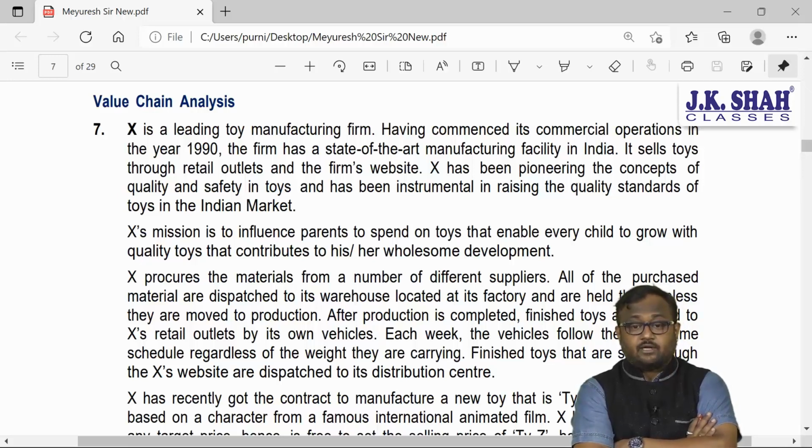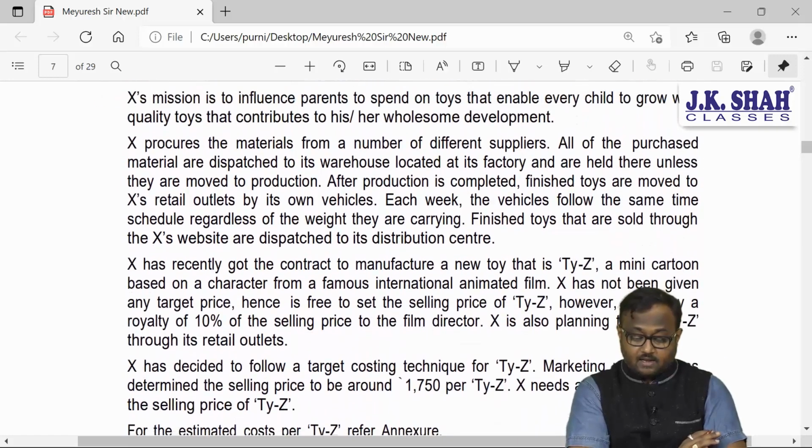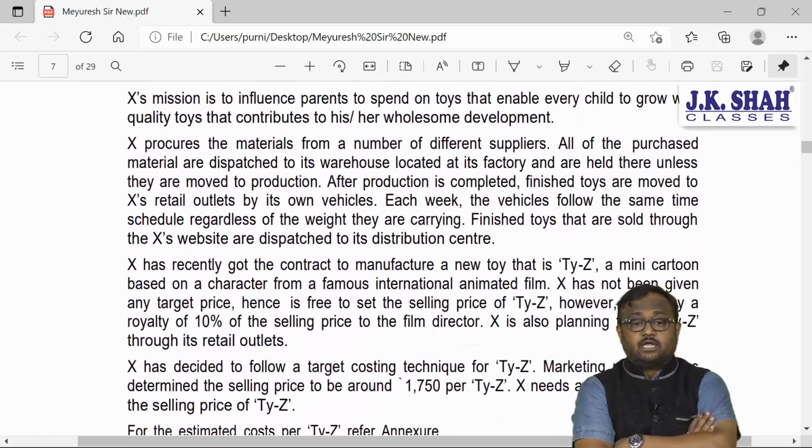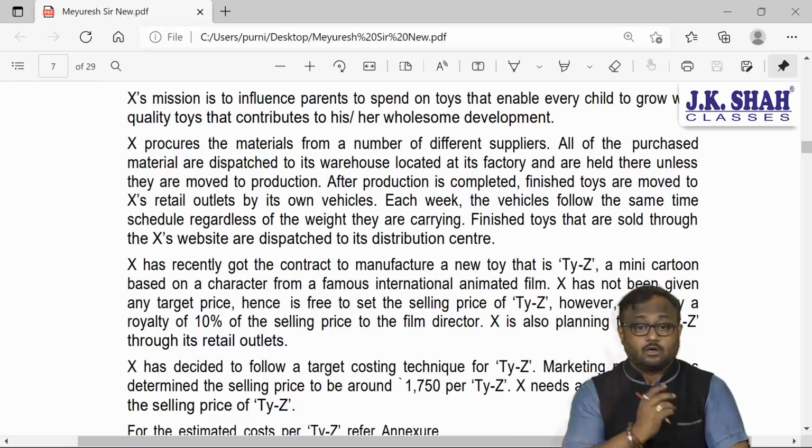X has been pioneering the concept of quality and safety in toys and has been instrumental in raising the quality standards of toys in the Indian market. X's mission is to influence parents to spend on toys that enable every child to grow with quality toys that contribute to his or her wholesome development.